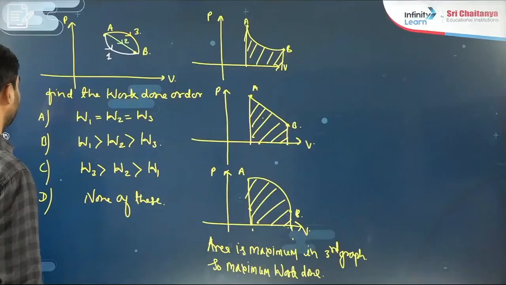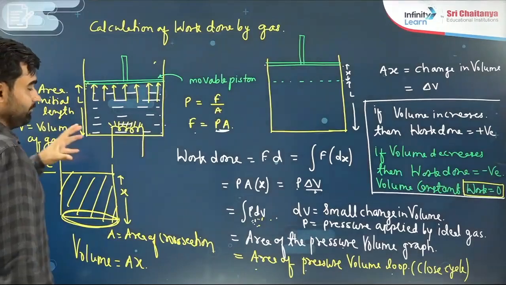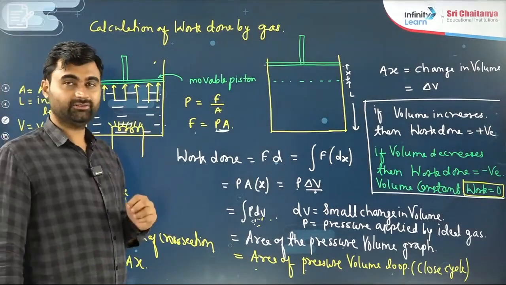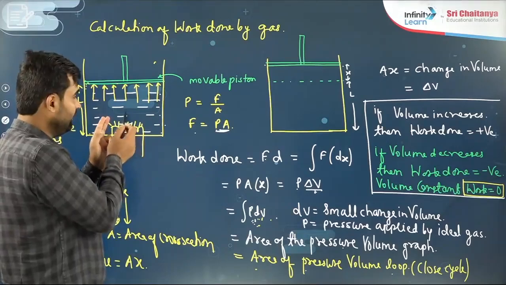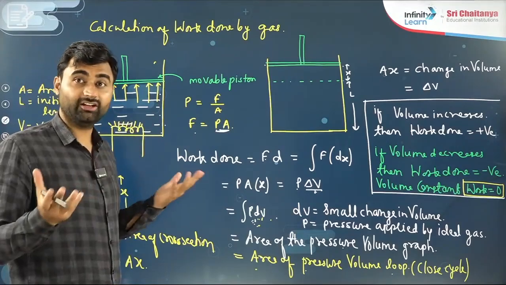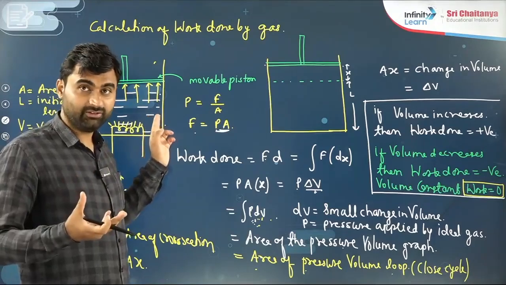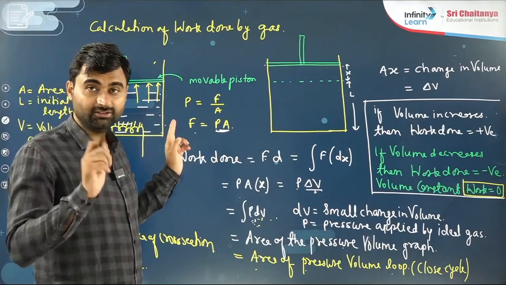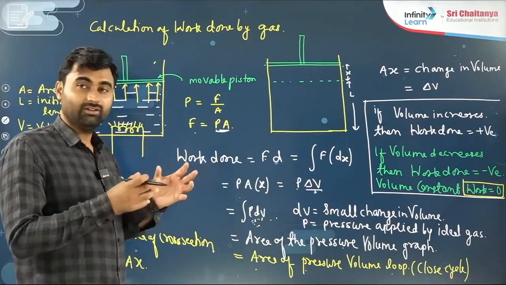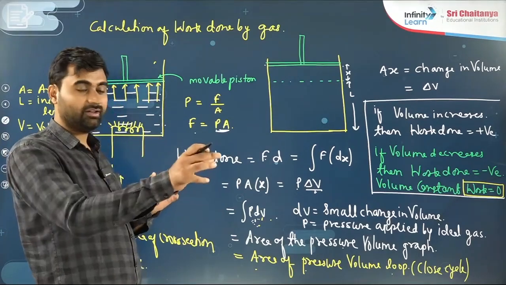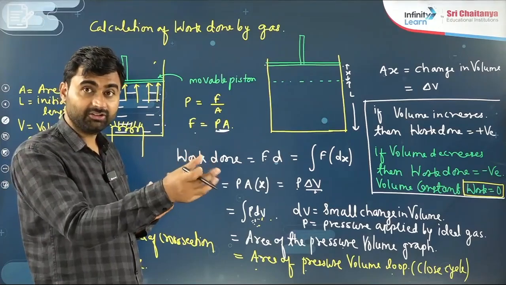If you remember yesterday when I started the work done concept, how I explained, we are supplying heat to this ideal gas. So what can happen? Ideal gas temperature rises. Temperature rise means internal energy. So whatever heat we are supplying, some part of this heat is distributed in internal energy.